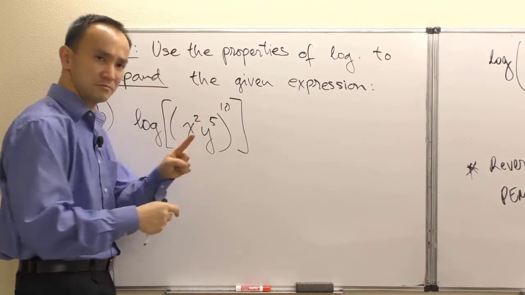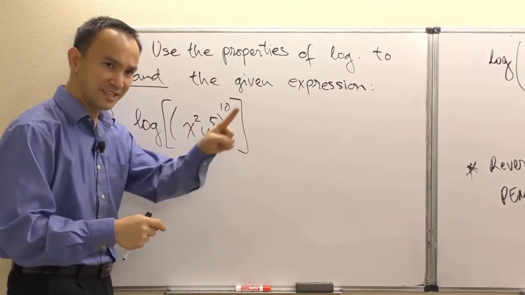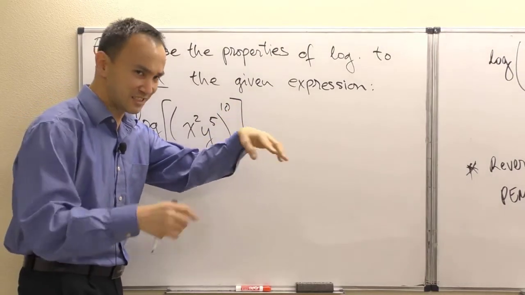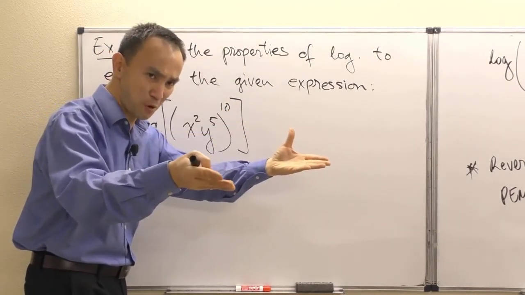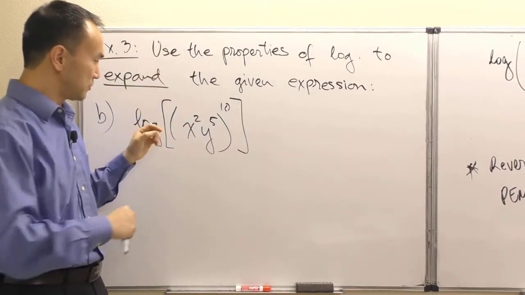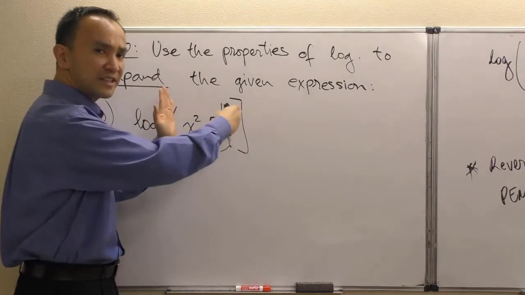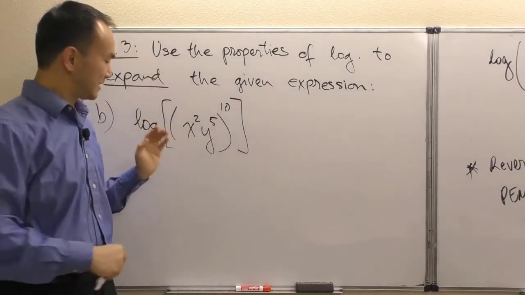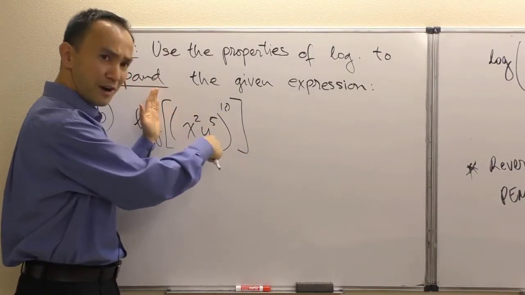PEMDAS stands for parentheses first, then exponents, then multiplication or division, and then adding or subtracting. Of course, we're working with the part inside of the log, but inside of the log there's a parentheses.